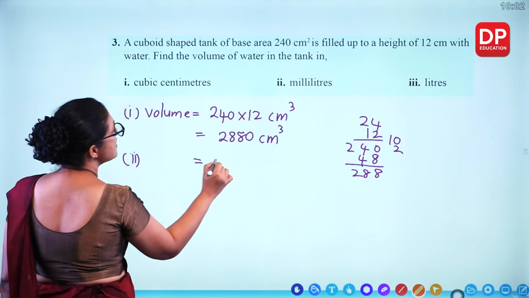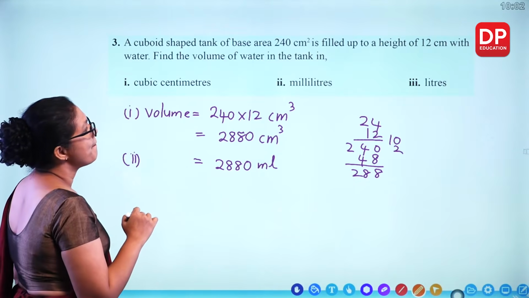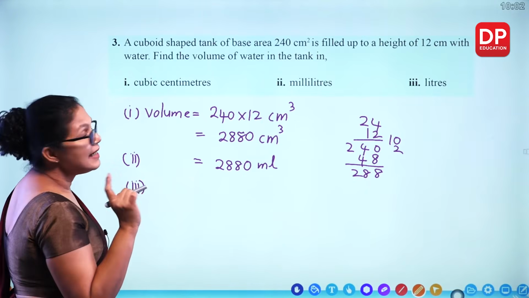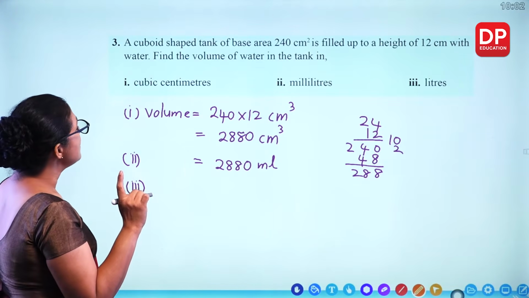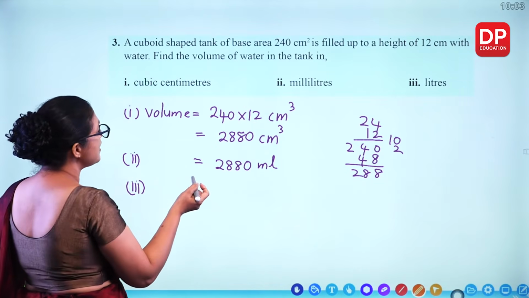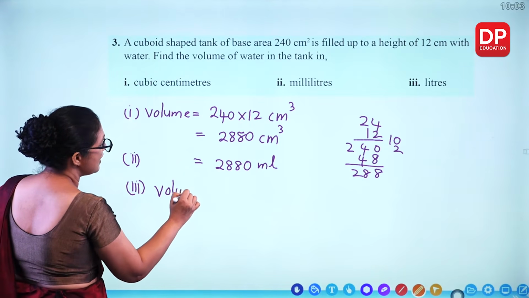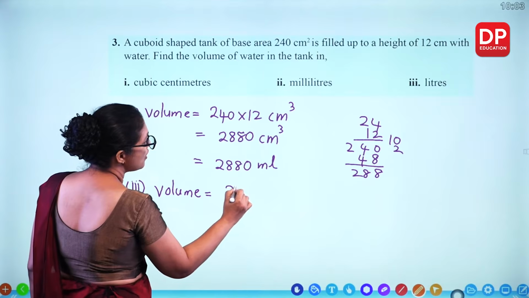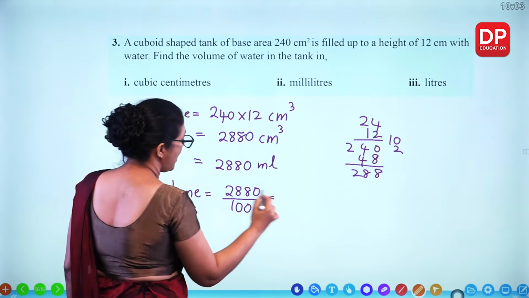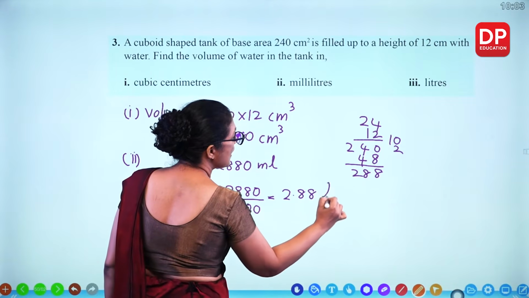So you get the same value in milliliters. Then third one, liters. Liters means, what's the conversion? You have to divide by 1000. So divide this by 1000, you get volume in liters. So 2880 divided by 1000, you get 2.88 liters.